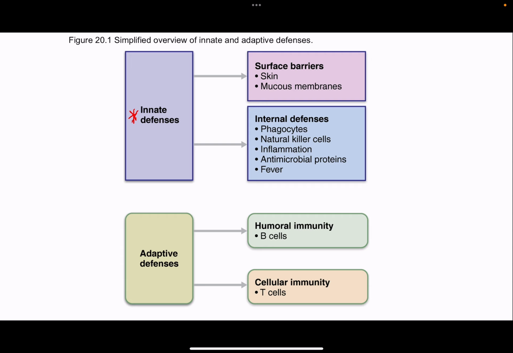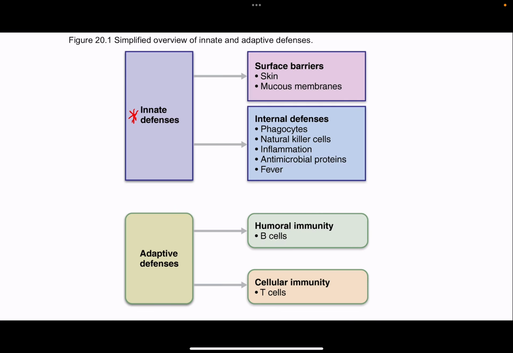It's very non-specific. And so this is going to be your first and second line of defense. You won't get any memory or specificity until you get to the next category. So there are no memory cells associated with your innate defenses and no antibodies produced by these innate defenses. They're very non-specific, and they are there as your first and second line of defense.